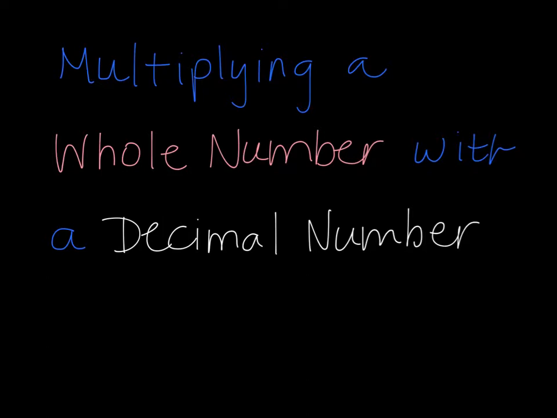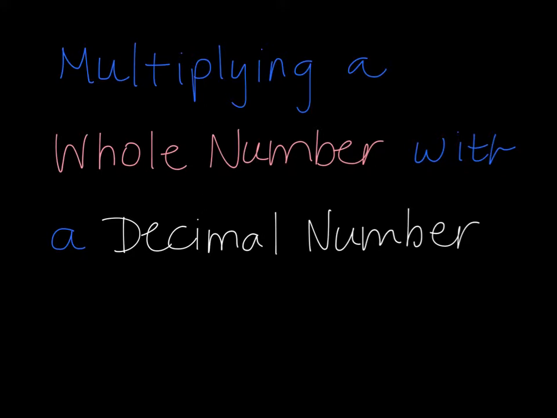You are going to connect what you already know about multiplication of whole numbers to this, which is taking a whole number and multiplying it by a decimal. The process as far as the algorithm is pretty much the same, but the thing that's different is oftentimes you're going to have a decimal as the product.